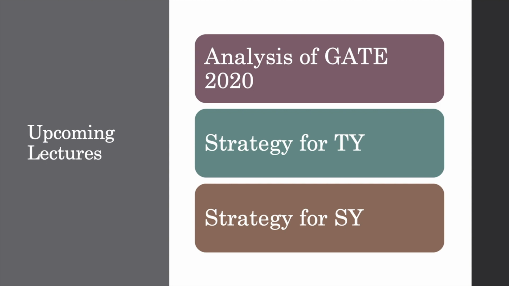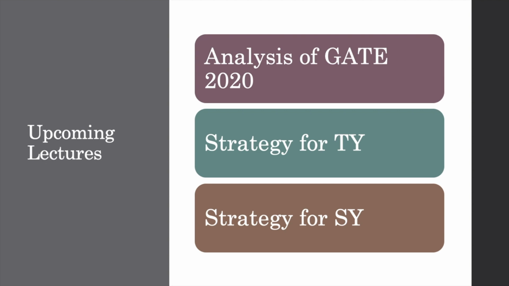Then we also associated ourselves with the cutoff marks for getting admission into some premier institutes in MTech programs. We also have a bit of understanding of the cutoff for PSUs, but that cutoff varies every year, so I cannot give you a direct value here, but we inferred that a score somewhere around 700 to 800 is a good score for getting something good.